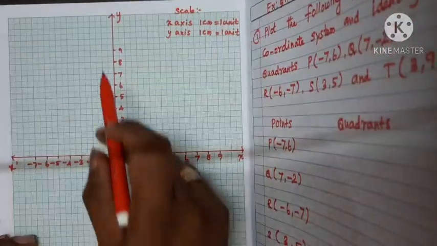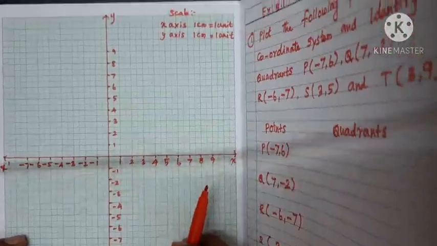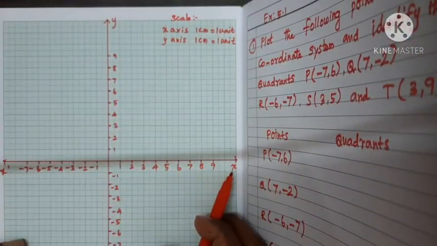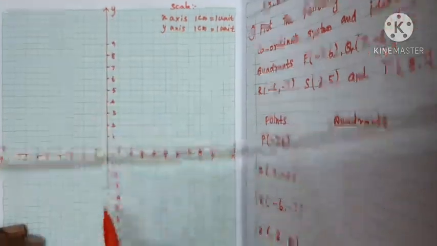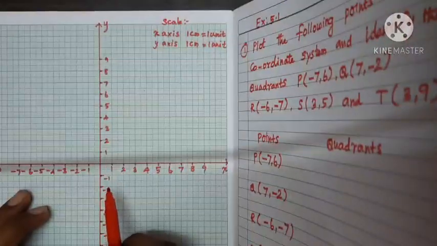As usual, you know the y-axis and x-axis. First of all, you have to draw the y-axis and x-axis, and then mark x, x dash, y, and y dash. Now look at the question.